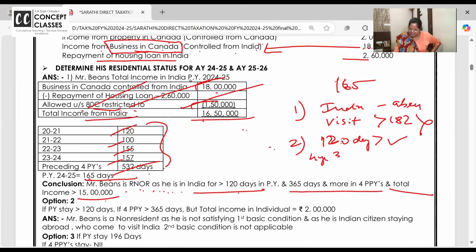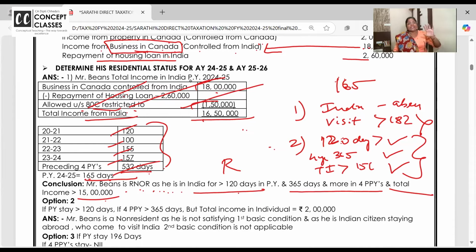In 4 years, 365 days and more, right? 532 days. Yes. Total income in India greater than 15 lakhs. Yes. Then you are said to be resident. Now this is only the basic condition, resident or not. But the Income Tax Act says resident but not ordinary, over and out. There you dive into additional conditions.